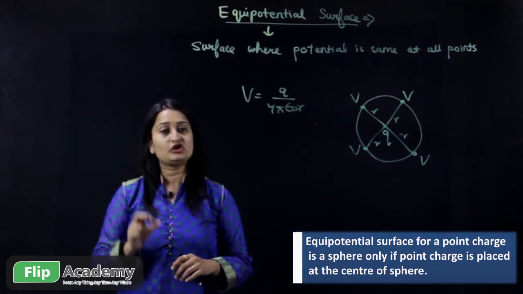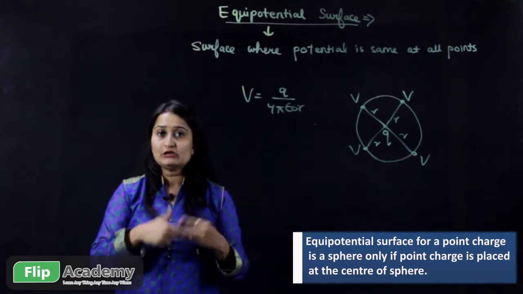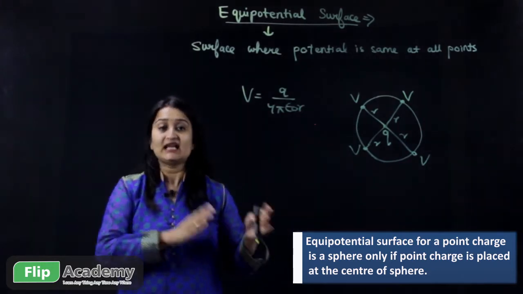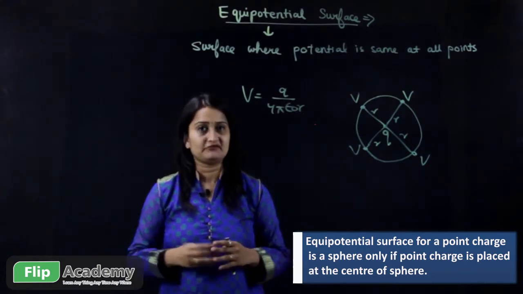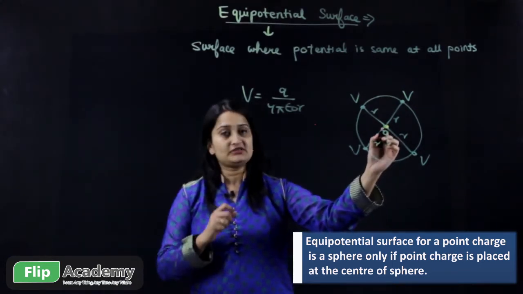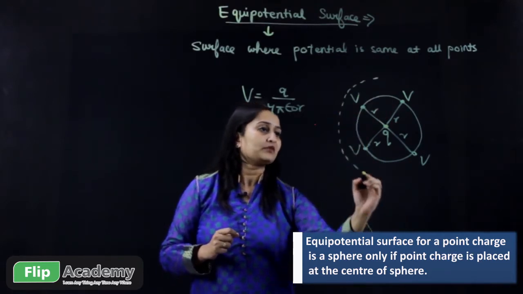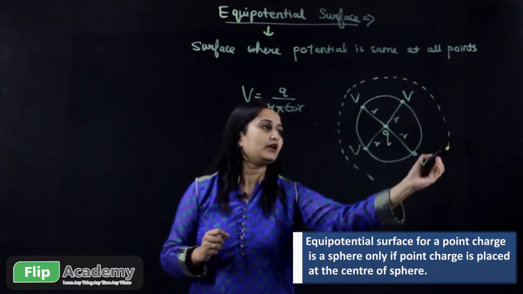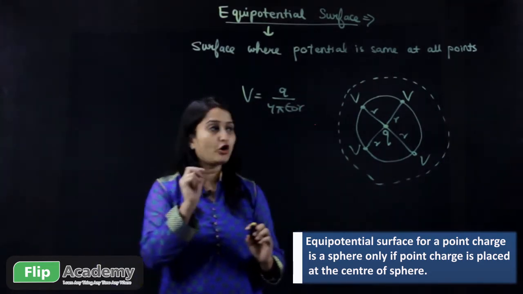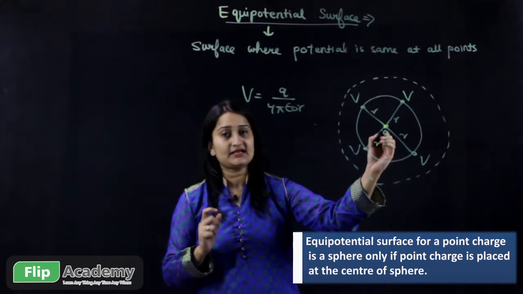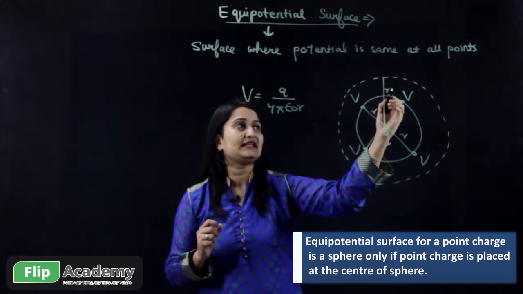Similarly, here I have mentioned the word surface. Now, if I ask you what the equipotential surfaces are, then there will be more than one surface. If this is a point charge, let's say Q, and if I draw another, larger sphere that surrounds the smaller sphere for the same charge placed at the center, the radius of the outer sphere is, let's say, R1.